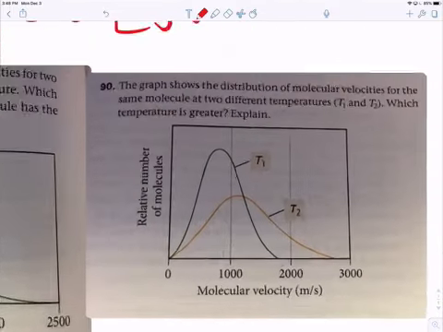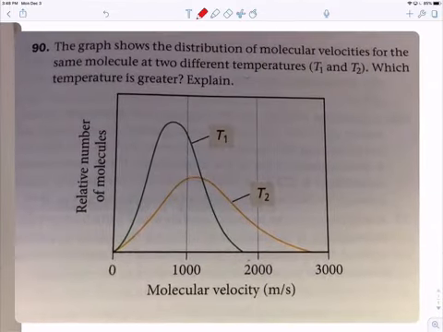Okay, and same idea. Number of molecules, velocity, which one's low temperature, which one's high temperature. Temperature means average energy, and this is the same gas. So average kinetic energy, and the RMS is here, so the peaks.